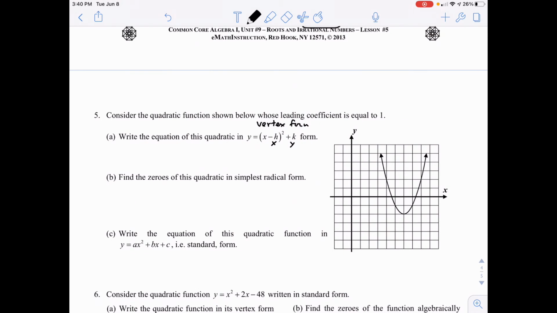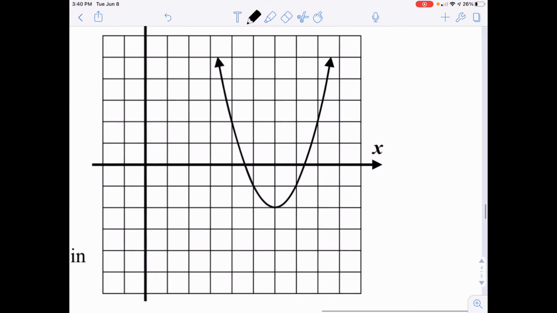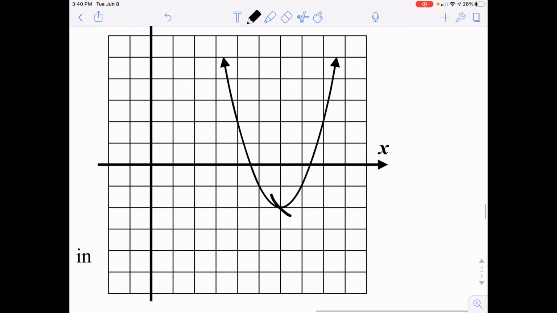So I look at my graph, and my vertex is actually right there. It's that spot right there. And the vertex there has the coordinates 6, negative 2.